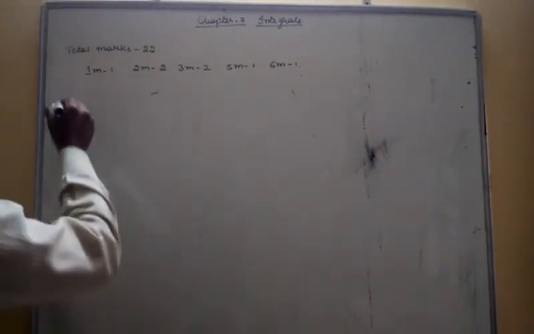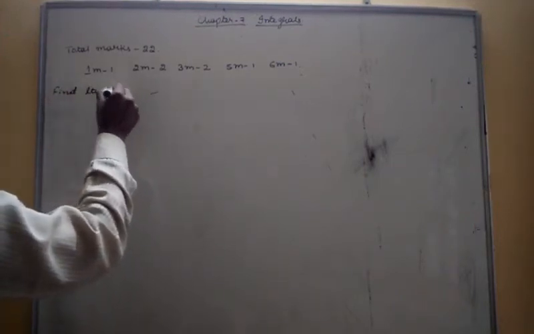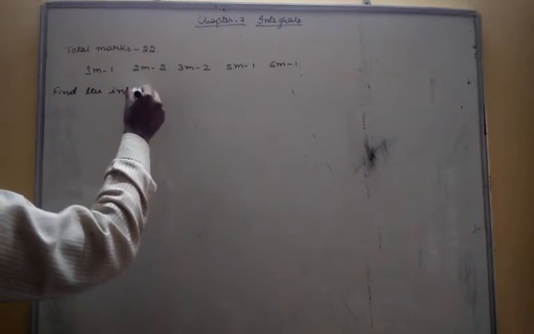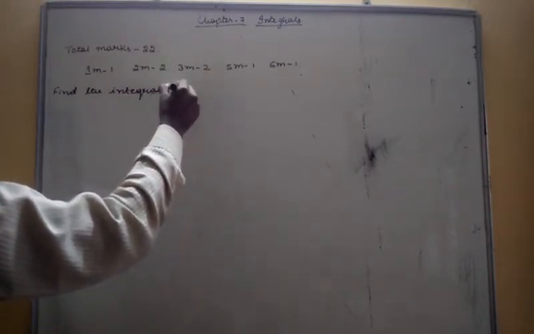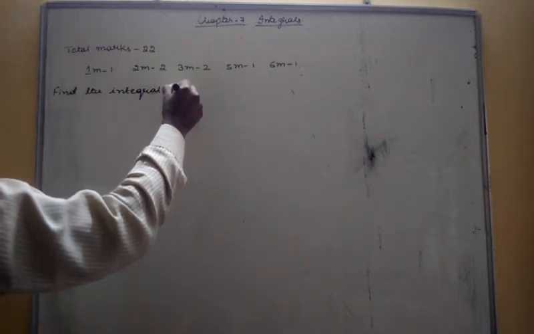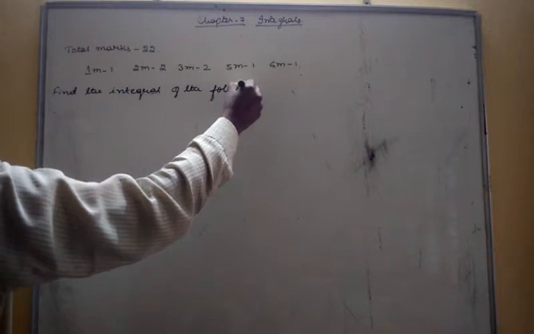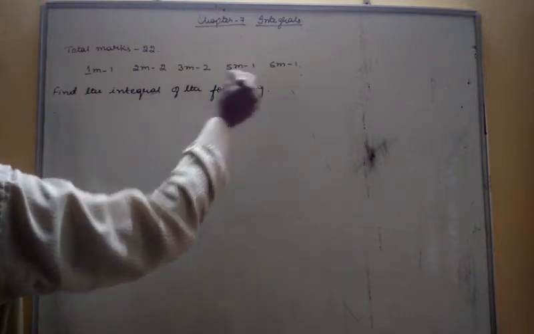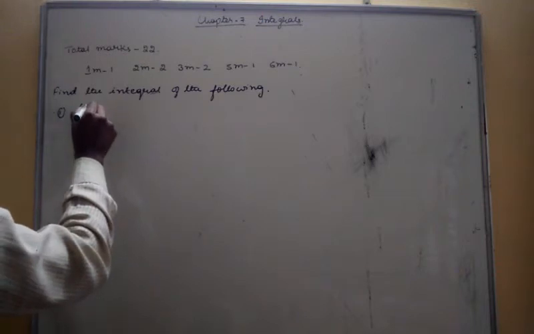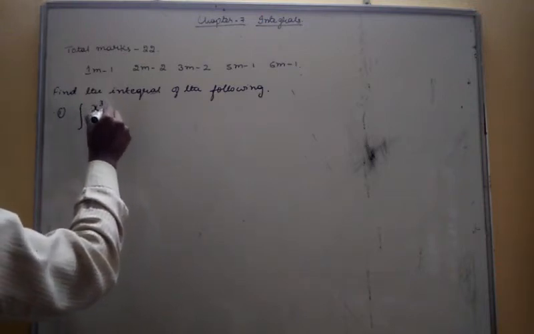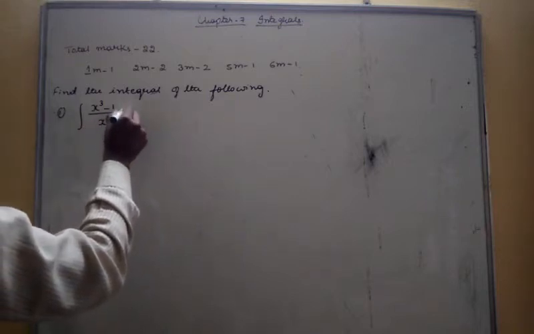Find the integral of the following. Okay, so let us take the first one: the integration of x cube minus 1 by x square dx.